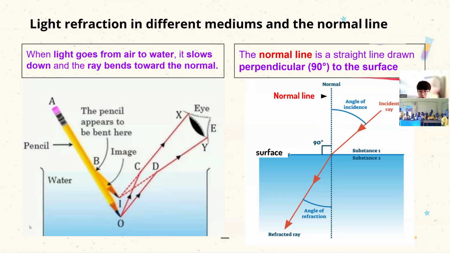So when light hits this surface right here, the normal line will be just this line over here. It's just an imaginary line that you can draw as a reference to see where the light bends.